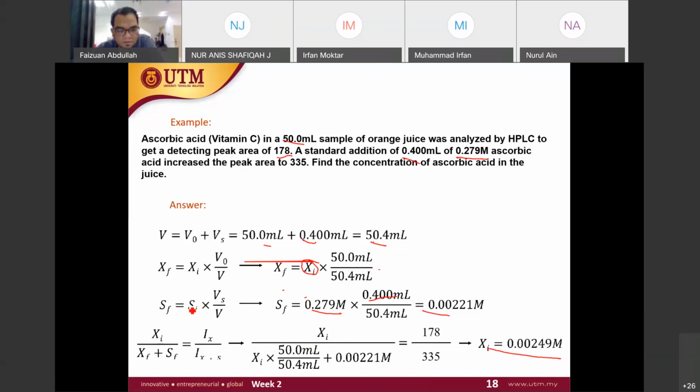Then we have Sf. When we put in all the values given, we already have Sf, and then we just replace in the equation. So we get the initial concentration.